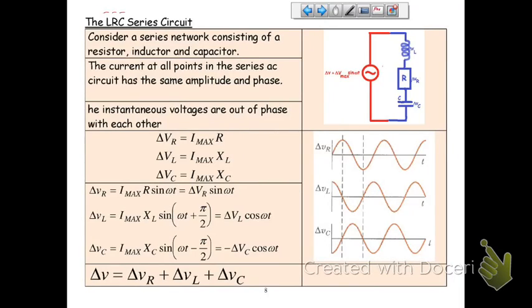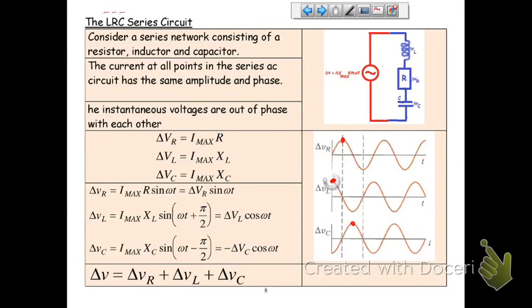So I look at this, and man, this is disastrous. This is what's going on. The voltage across the inductor, there's its peak, is 90 degrees ahead of the voltage across the resistor, which is 90 degrees ahead of the voltage across the capacitor. They don't even put these in the right order. To see that is really hard.